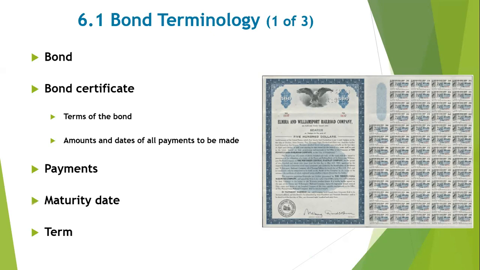The specific details of the bond, including the amounts and scheduled dates of all payments, are outlined in the bond certificate, as you see here on the screen. Now, payments continue until the bond's final repayment date, which is referred to as the maturity date. The duration until the repayment date is termed the bond's term.